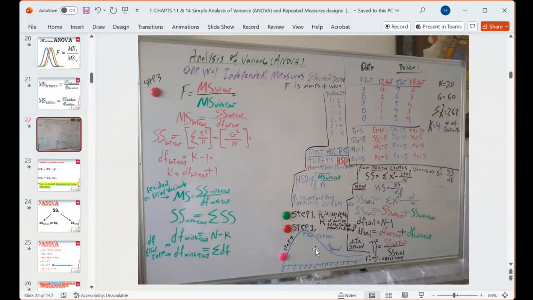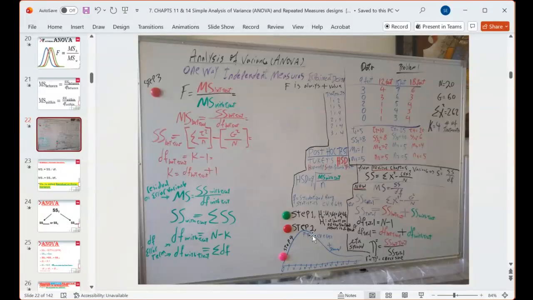And then we have to find our critical cut point, the same way we did for the t-test. We need to know the degrees of freedom between and within, which is called df error, or df within, and then find out.